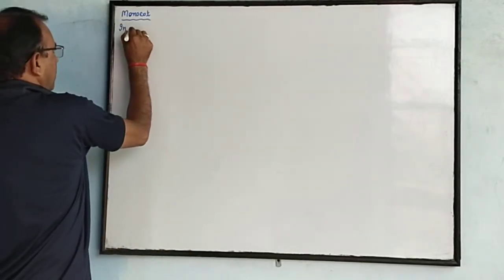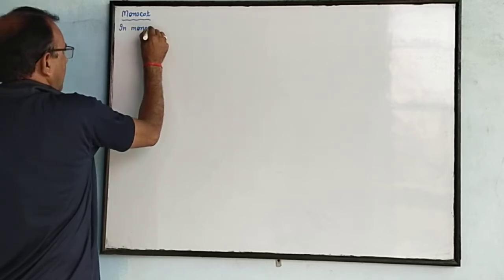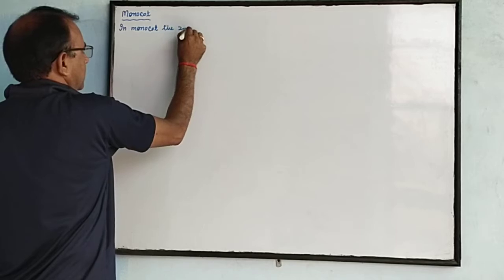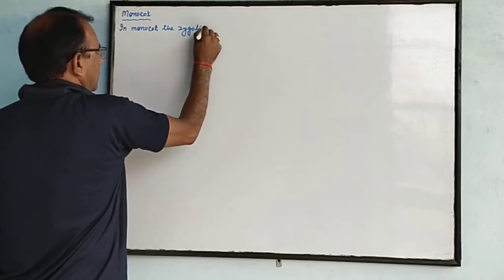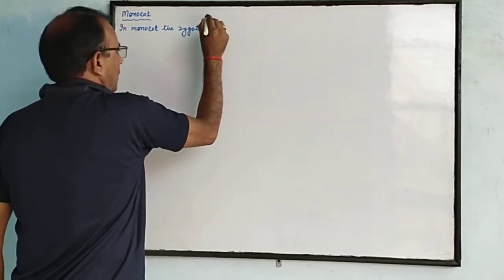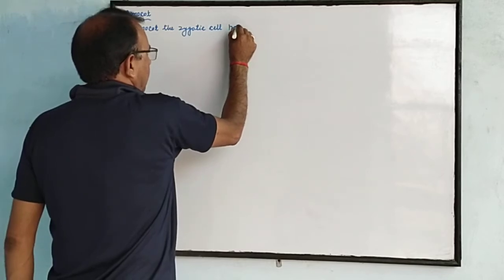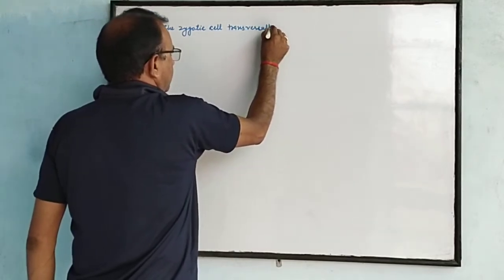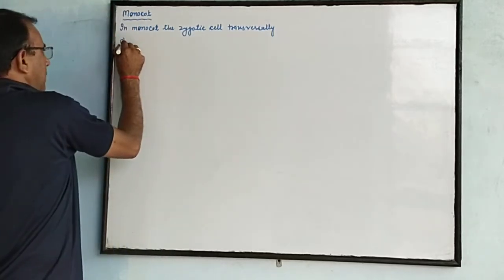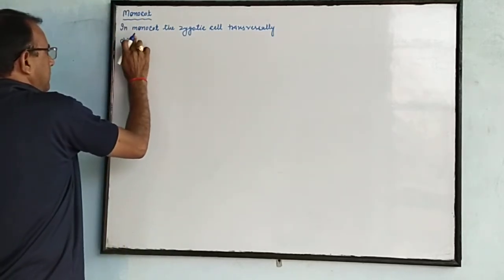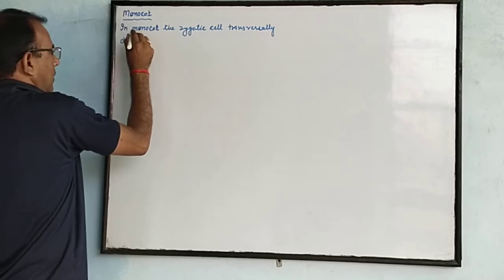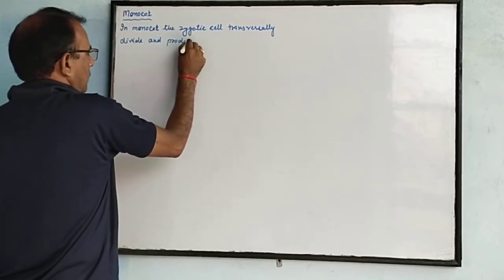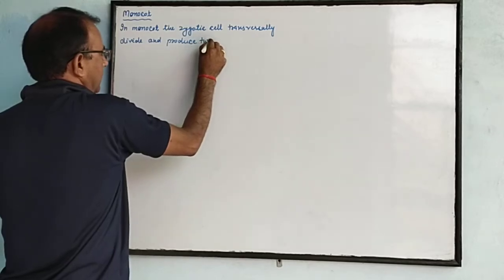In monocot, the zygotic cell divides transversely and produces two cells.